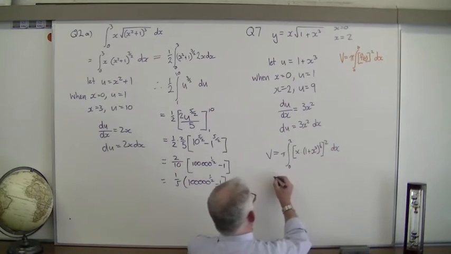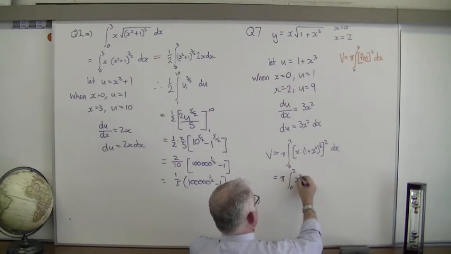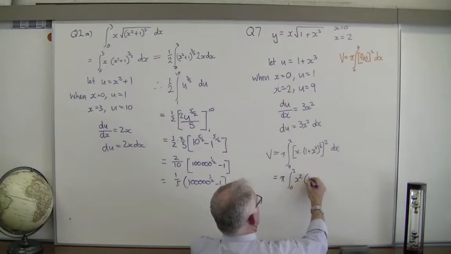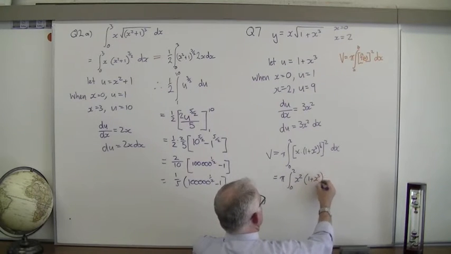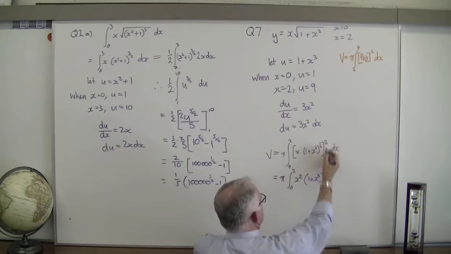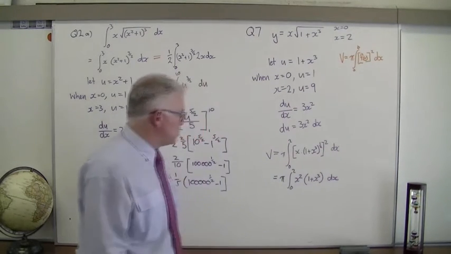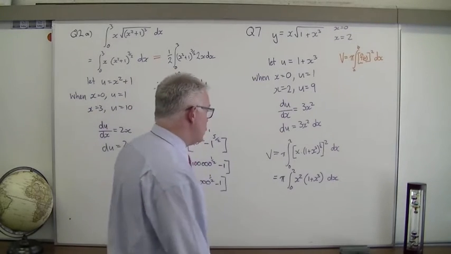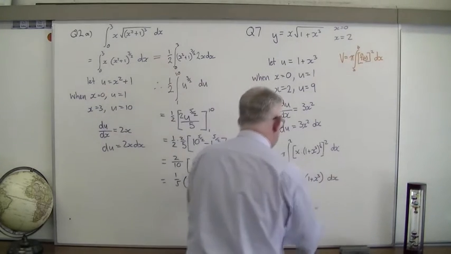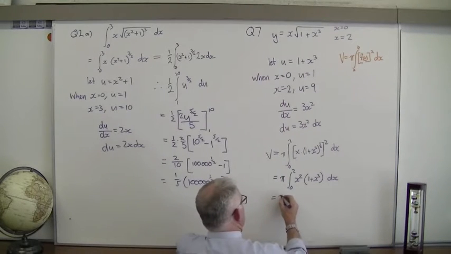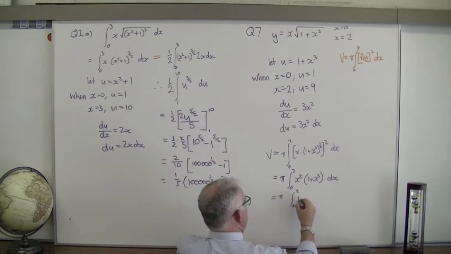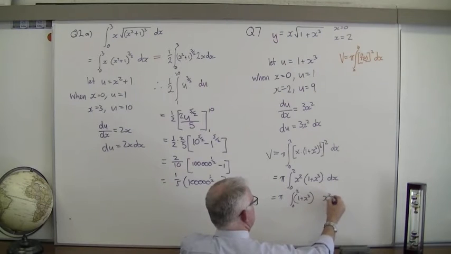Again, harking back to your index laws, from 0 to 2, that will be x squared outside of 1 plus x cubed, and a half times 2 is 1, so that just becomes that expression there. Alright, I'm going to rearrange this. Pi from 0 to 2 of 1 plus x cubed, x squared dx.